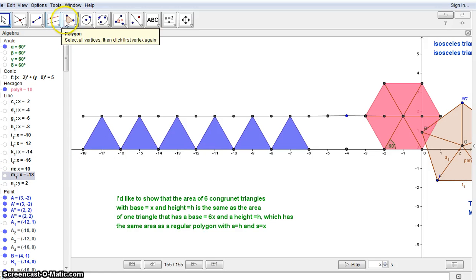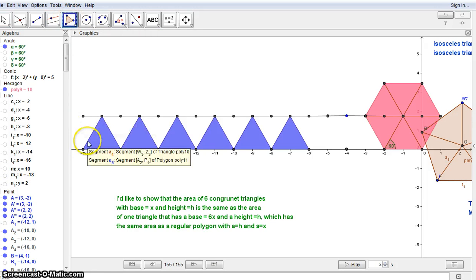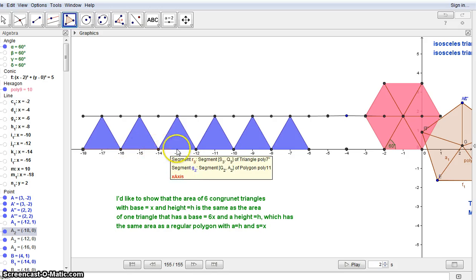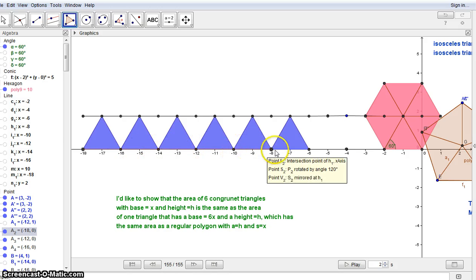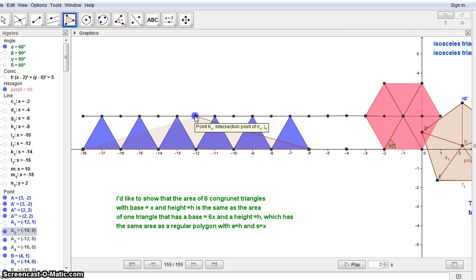Okay, so now I'm looking for a polygon that has a base 6x and a height equal to the same height as these original triangles. So that's this new triangle right here.